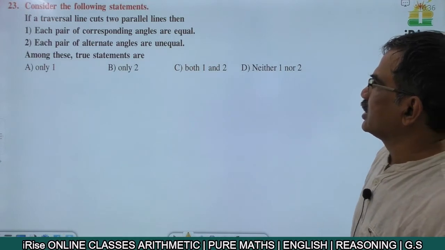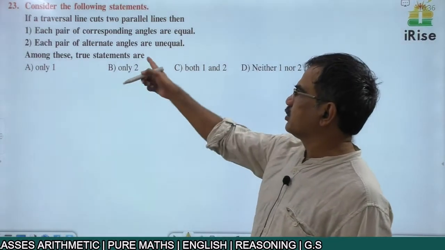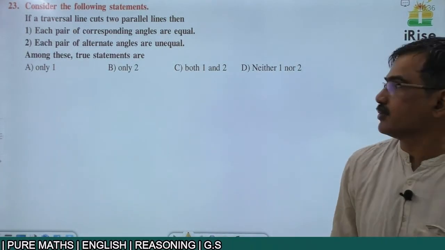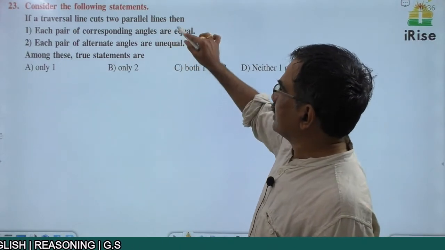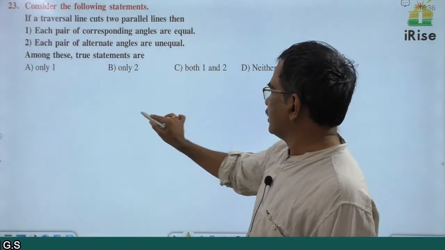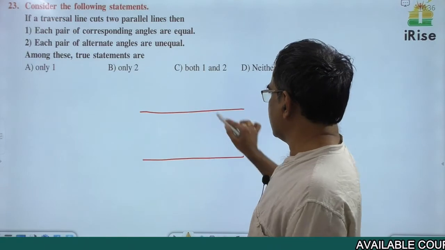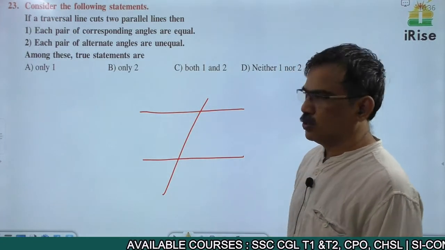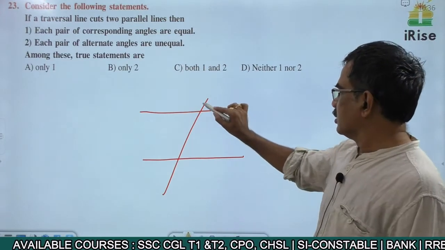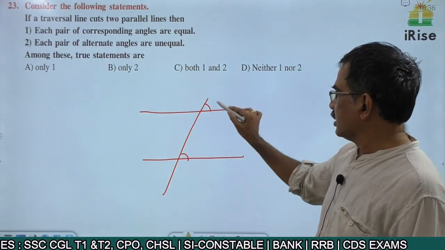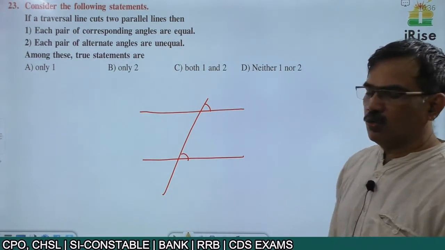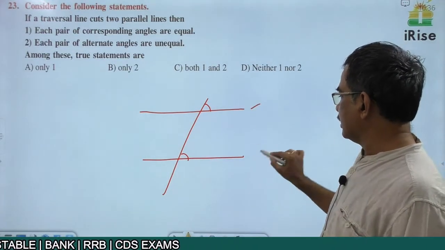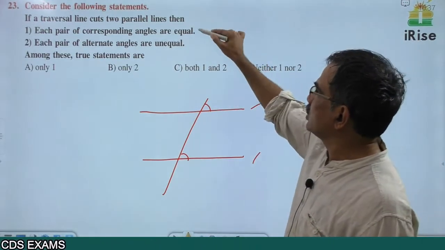Consider the following statements, and among these statements, what are the true statements. If a parallel line is intersected by a transversal, each pair of corresponding angles are equal. Here these two are corresponding angles. Corresponding angles are always equal if parallel lines are intersected by a transversal. So this is true.